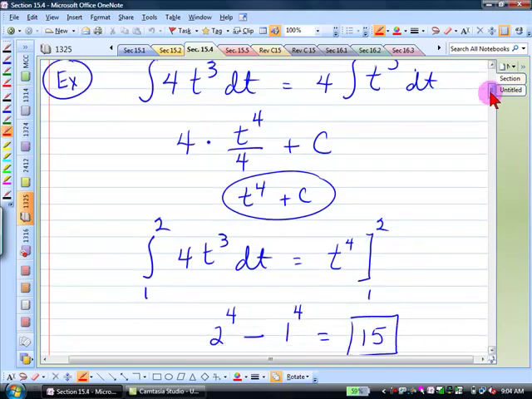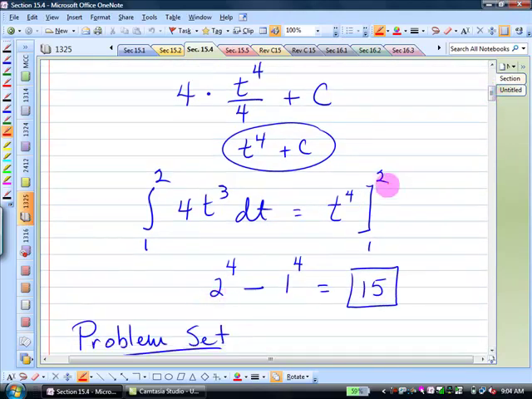And what the fundamental theorem said was I'm going to put 2 into that, so 2 to the 4th, minus, put 1 in there, 1 to the 4th, and you'll get a value. You'll get a number, 15. There's no plus c, there's no letters, you get a value. Okay? So if you have limits out here, you'll get a number.